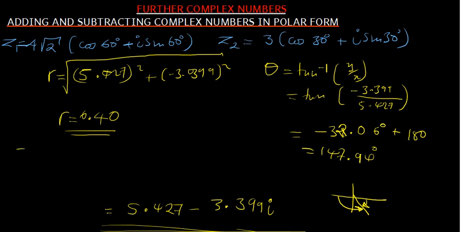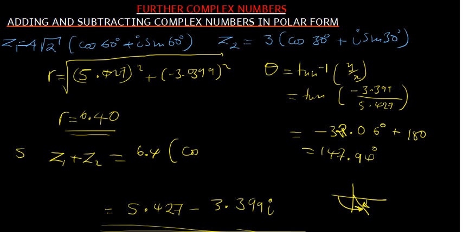Then we can say, let me just name it as z1 plus z2. After adding them, we are going to convert them into the form r. Now r gave us 6.4, and then open brackets, cos theta.